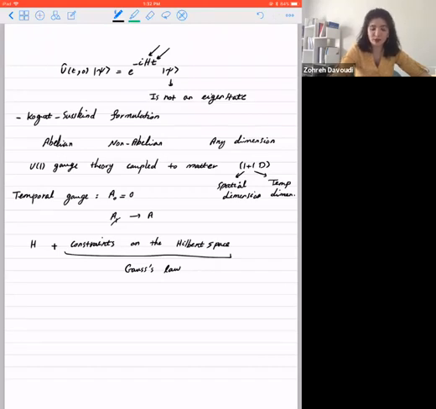Well, one way is to start from the continuum QED Lagrangian, which for just one flavor of the quarks is simply some field psi bar times d slash psi, for the case of free fermions, okay?